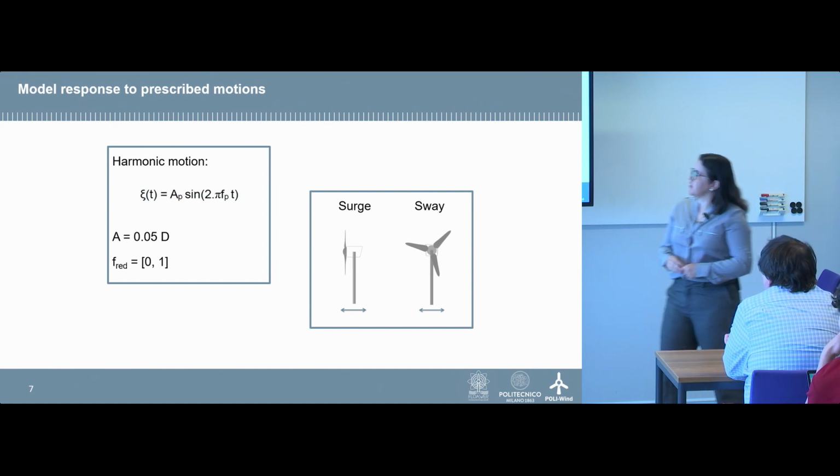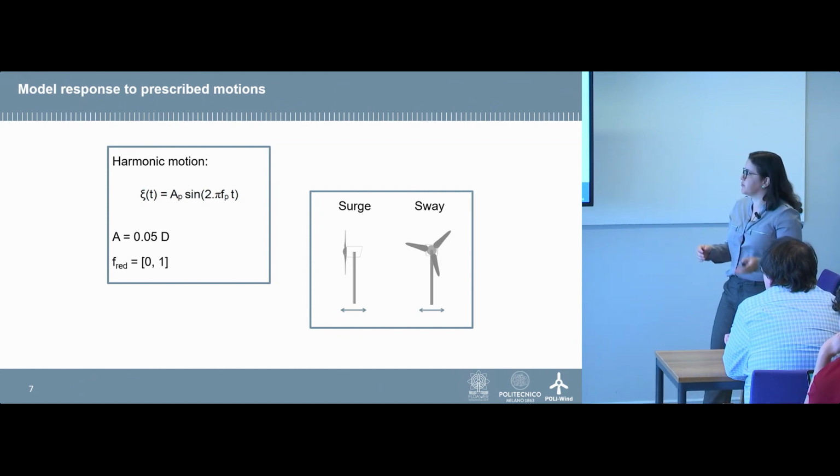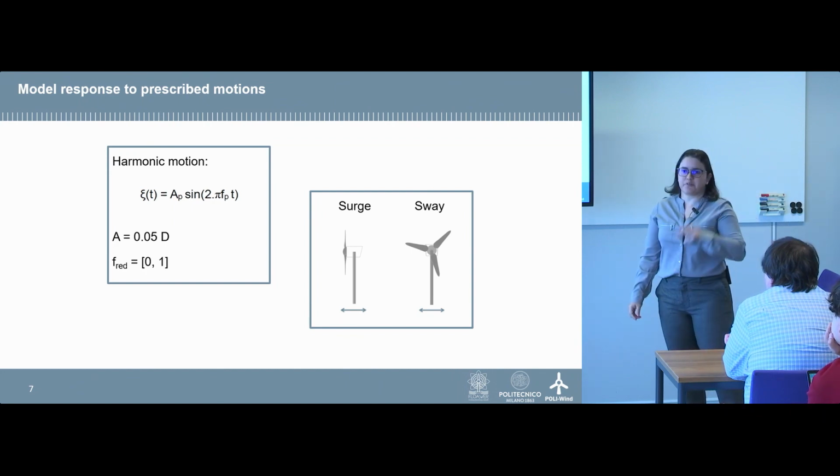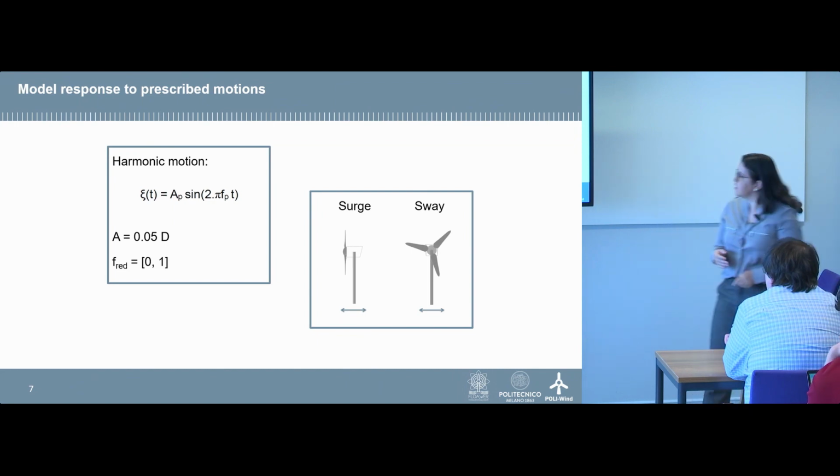We use the same type of prescribed motions as Thomas already spoke about: harmonic motion with an amplitude. I'm going to use one that is 5% of the diameter, and a reduced frequency from 0 to 1, so it's quite a small range of reduced frequencies. I'm also going to show the two motions that Thomas already spoke about, for brevity's sake.